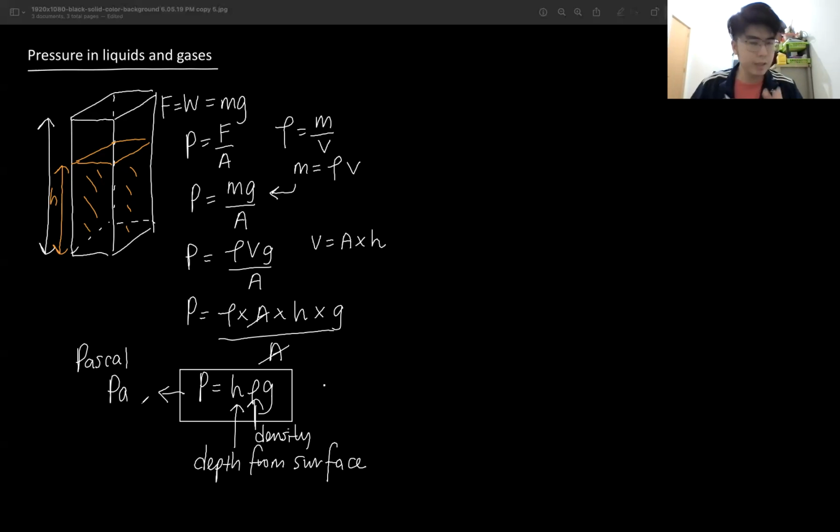The deeper you go, the higher the pressure, which is why when you go to a dam, the reservoir, the hydropower plant, they have this dam holding a very huge amount of water. If you look at the thickness of the wall, the construction and design is that it gets thicker and thicker as you go deeper. The dam looks like this.